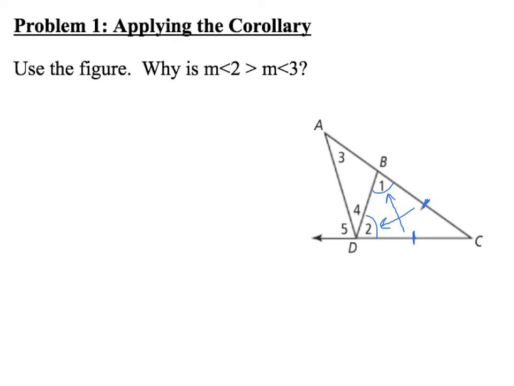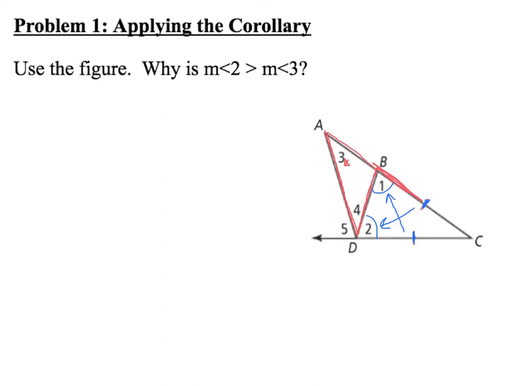Now I'm trying to get to angle 2 and 3. If I look at angle 3, that's inside this triangle here. If I just concentrate on this triangle right here, I see that an exterior angle is angle 1.